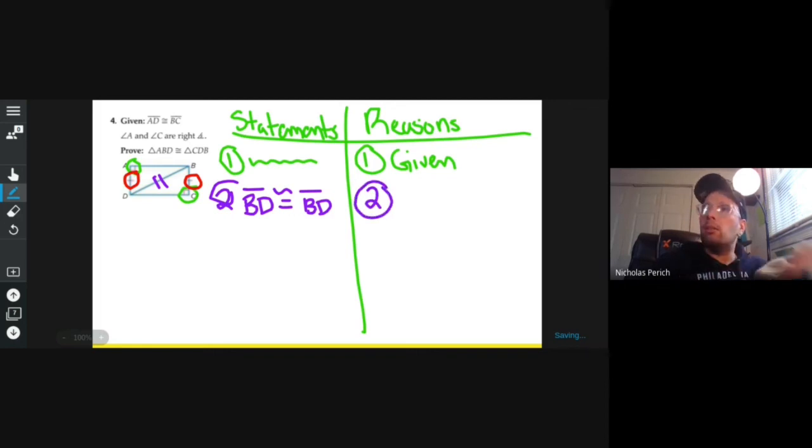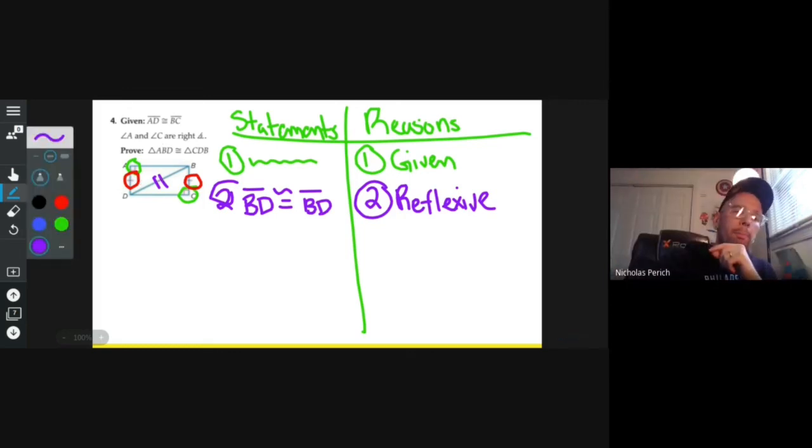Or DB. You can do that too, Paul. I just avoid that acronym. Reflexive. I have a right angle. These two sides are congruent, and this side's congruent to itself.